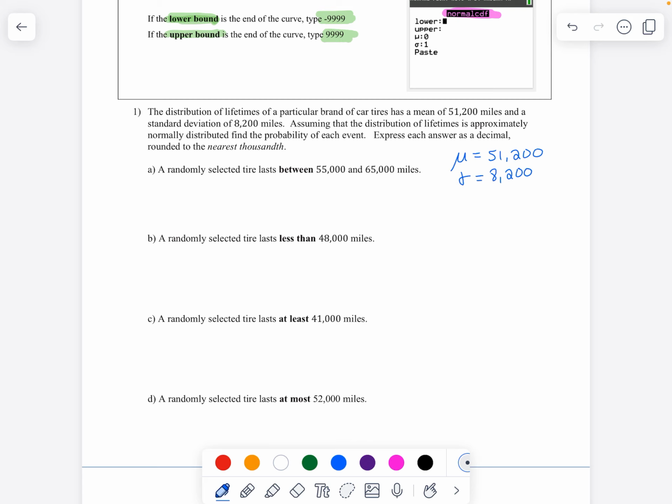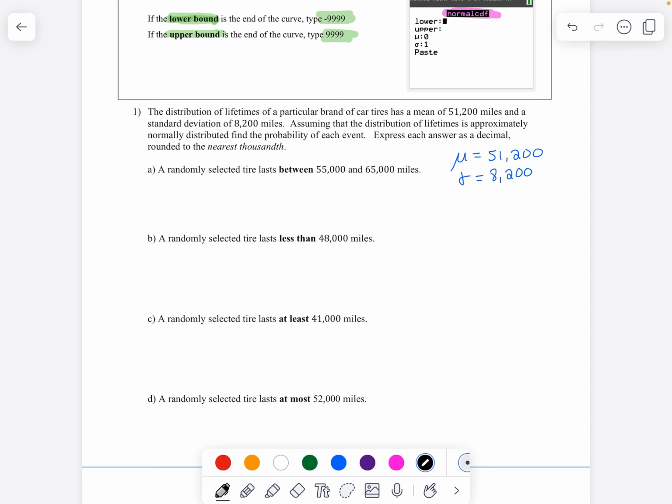Each part of the question is going to refer to that same mean and that same standard deviation. We're told that the lifespan is approximately normally distributed, so we can use second VARs, normal CDF, to calculate these probabilities. And we're being asked explicitly to express our answers as decimals to the nearest thousandth, so we're just going to round to 3 decimal places.